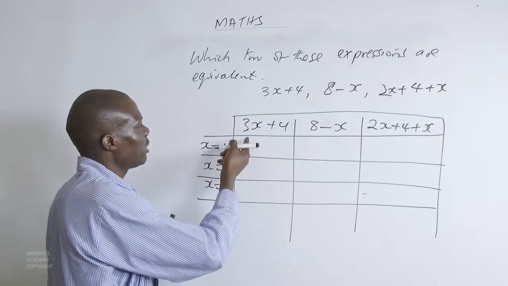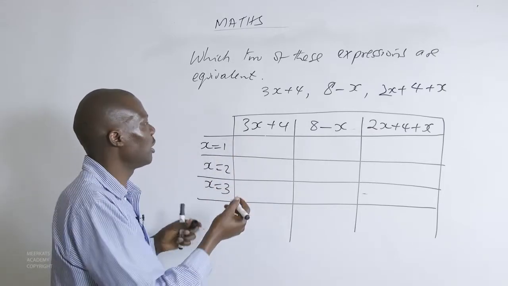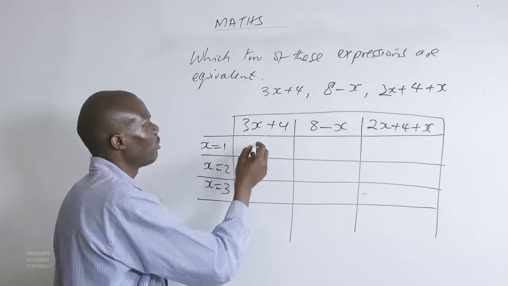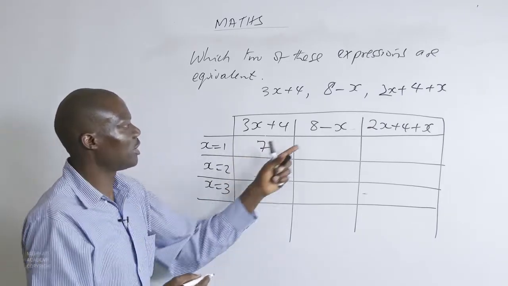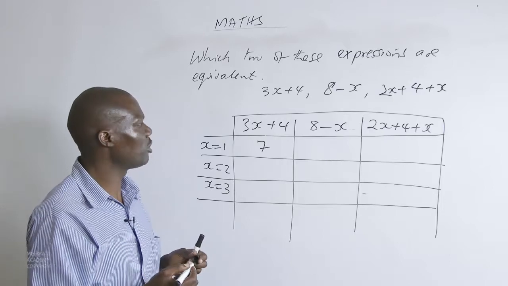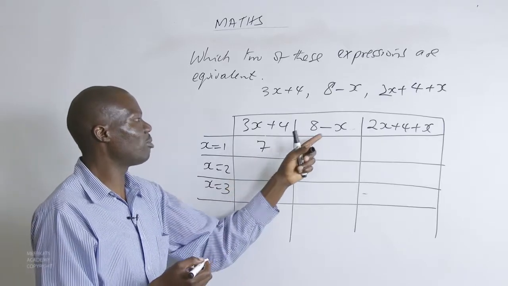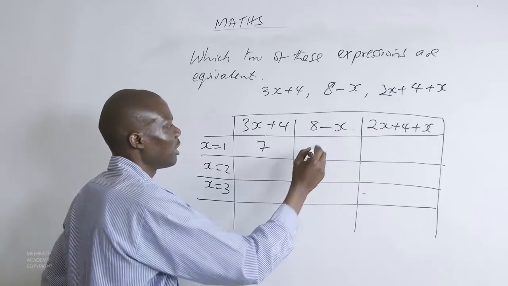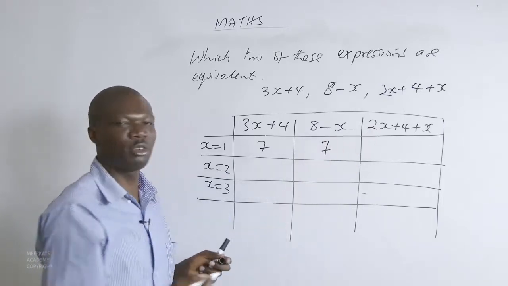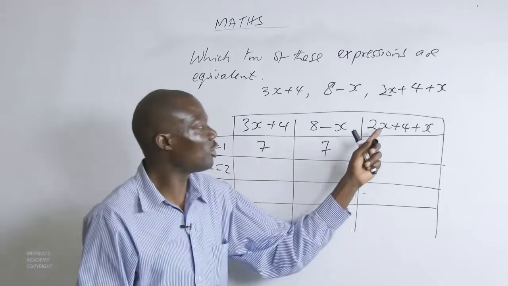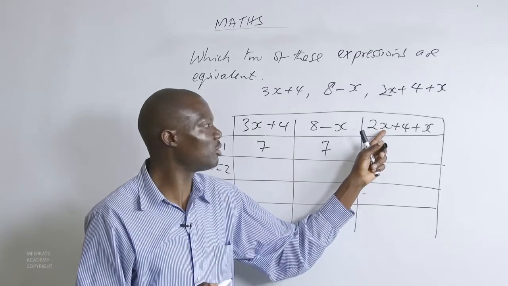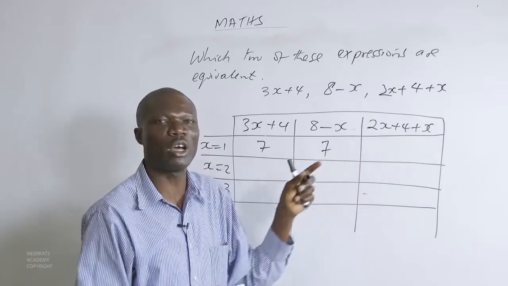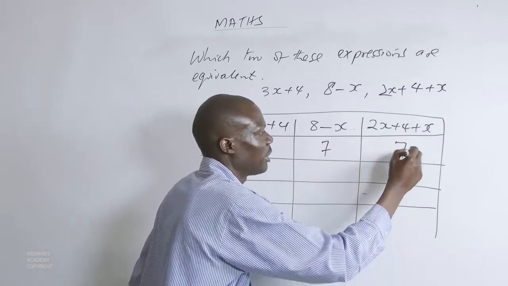So if x is 1 in the first expression, it will be 3 times 1, which is 3, plus 4, which gives us 7. The second one will give us 8 minus 1, because x is 1, which gives us 7. The last one, x is 1, so 2 times 1 is 2, plus 4 gives us 6, plus another 1 gives us 7.